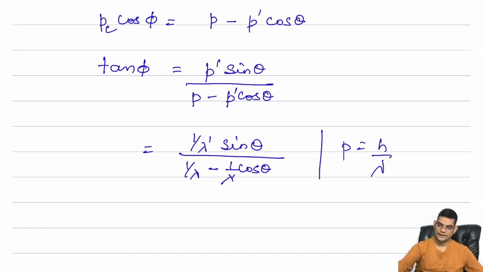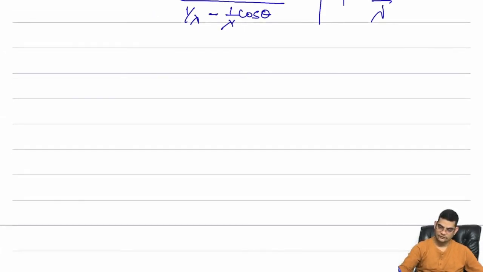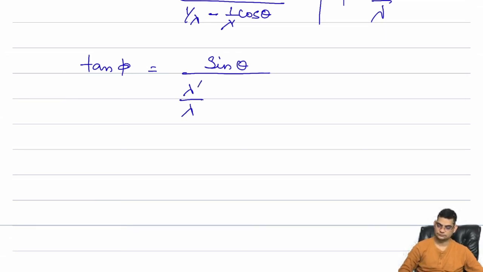Now this can be written as tan phi is equal to sin theta divided by lambda dash by lambda minus cos theta. That is the angle of deflection of the electron.